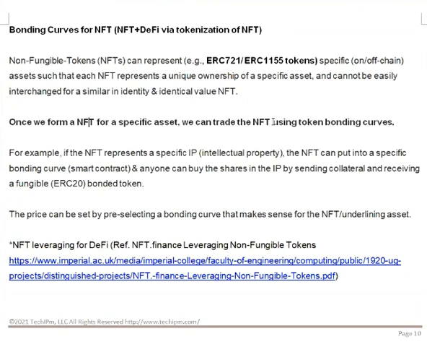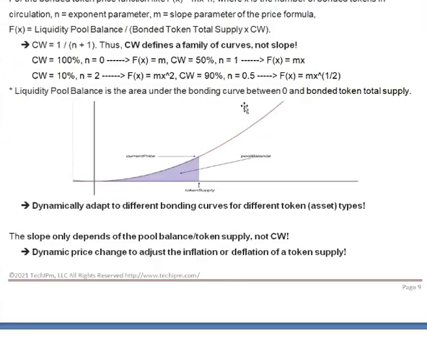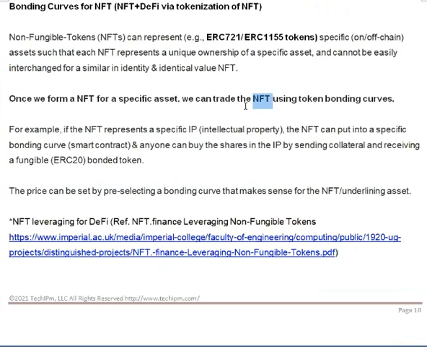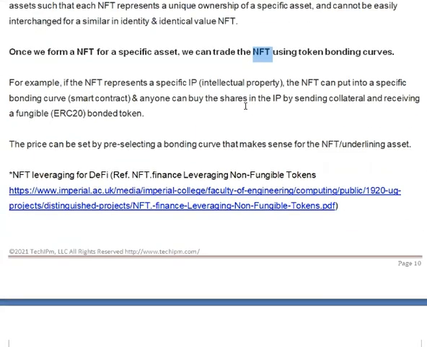You use this as collateral, and in the bonding curve, if you want to buy partial ownership of this NFT, it's the same mechanism as I did here: you put in your collateral, and then you get the partial ownership.